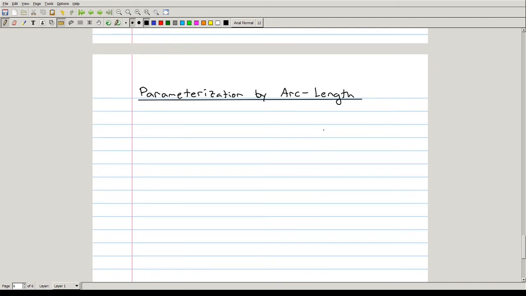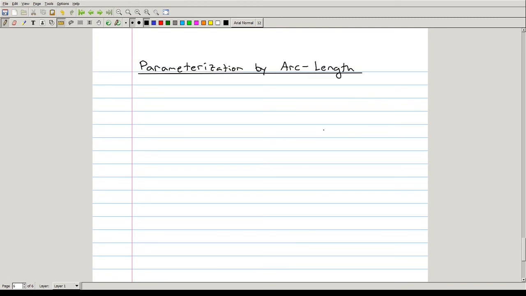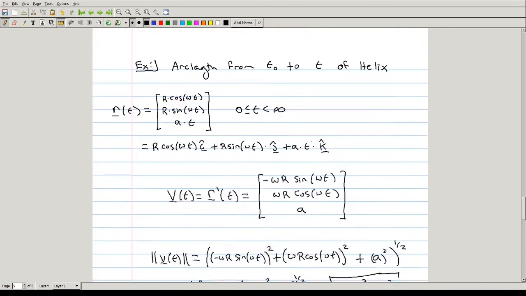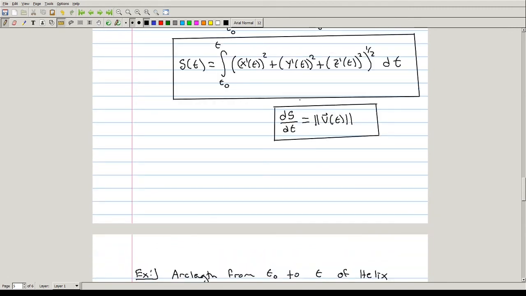The arc length itself, in some sense, gives us a very nice uniform parameterization that we can always apply, and we can always switch to an arc length parameterization. And that's directly based on what we showed as we were defining arc length, which is that the rate of change of arc length with respect to any parameter t is exactly the magnitude of the velocity vector at t.